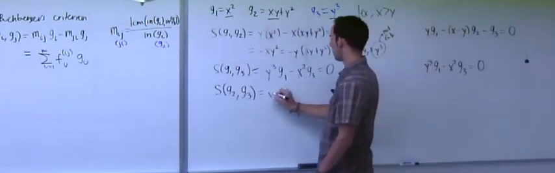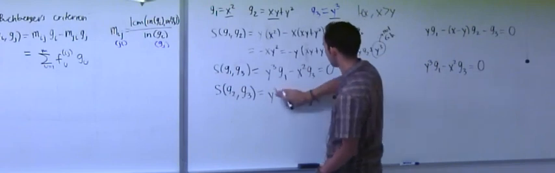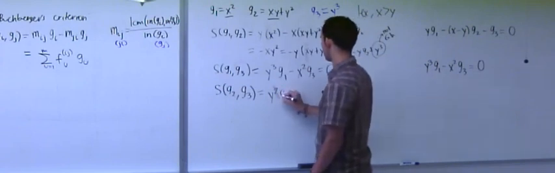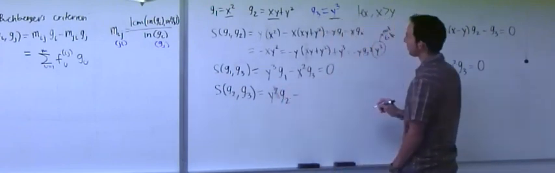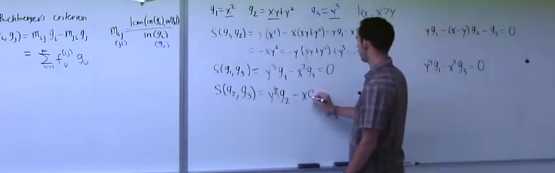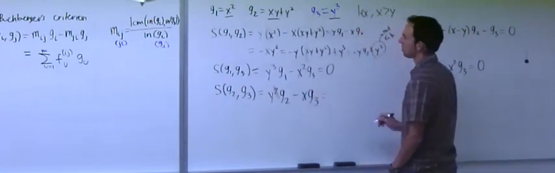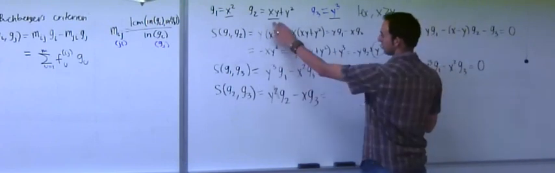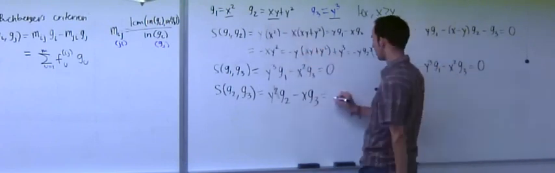So I need to take y squared times g2 minus x times g3. And when I do that, I get y to the fourth, right?